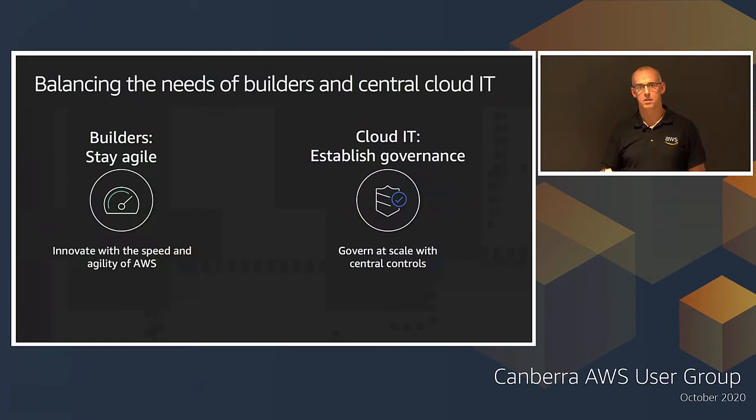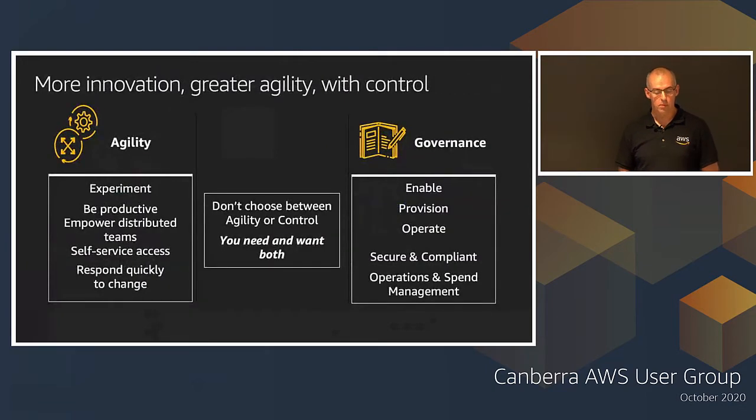But at the same time, balancing that with the needs of the application teams and the builders in the organisation, and enabling them to move at speed and still perform in an agile way in the organisation. Historically, those two outcomes, moving fast and being agile in the way you deliver, and keeping a very strong governance and secure footprint, have been at odds, not by intention, but within the cloud, you should absolutely need and want both of those.